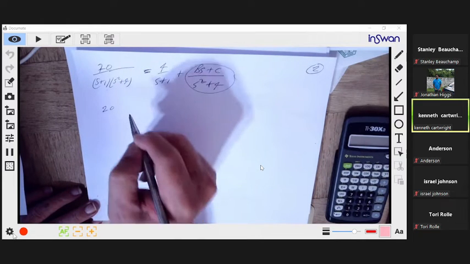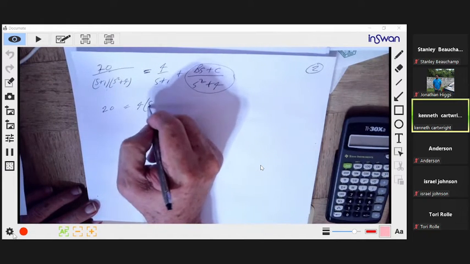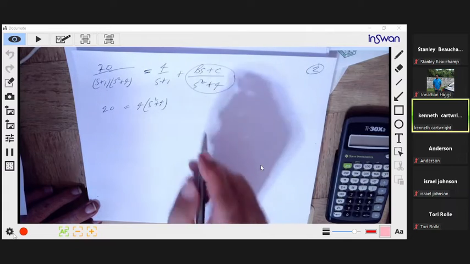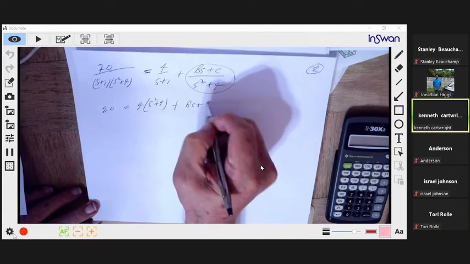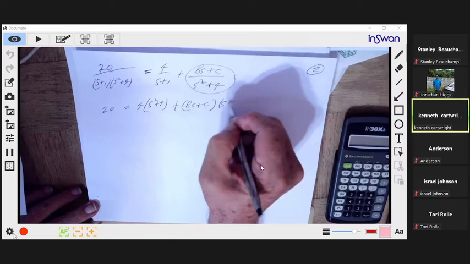So this becomes 20 equals 4 times S squared plus 4 plus BS plus C times S plus 1.